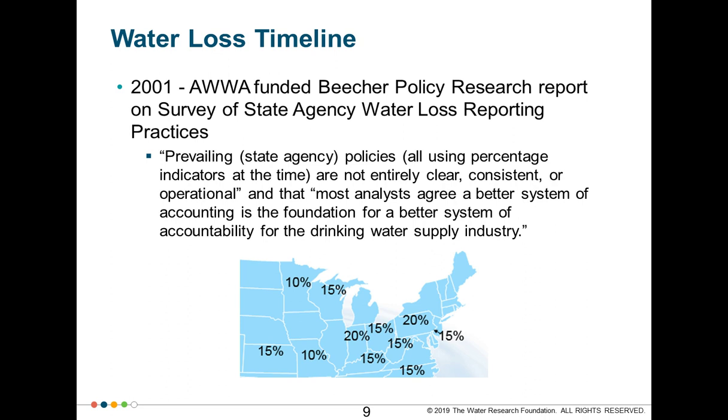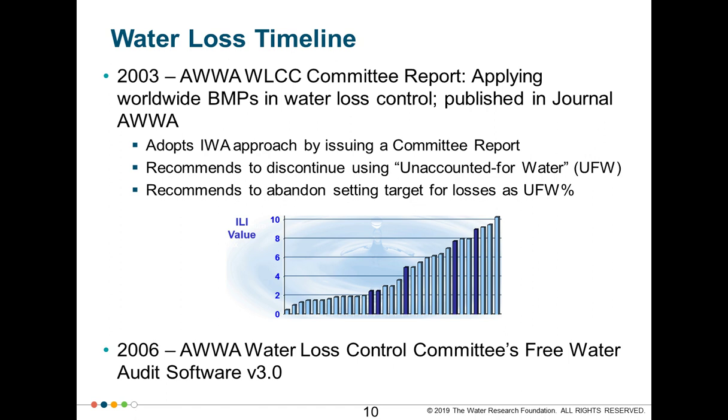In 2001, AWWA funded the Beecher Policy Research Project and looked at state agencies across the United States which were using percent performance indicators. And this determined that they were not clear, concise, really were not operational for utilities to use, and basically determined that a better accountability system should be devised for the drinking water industry in North America.